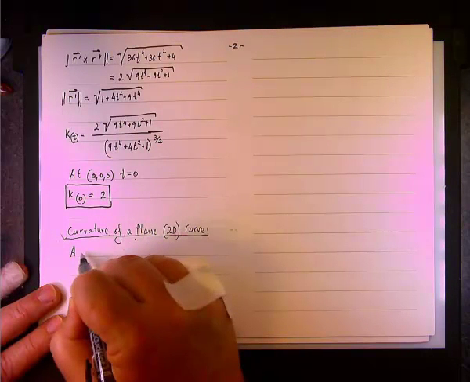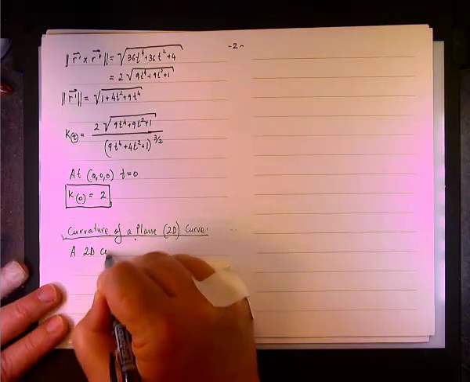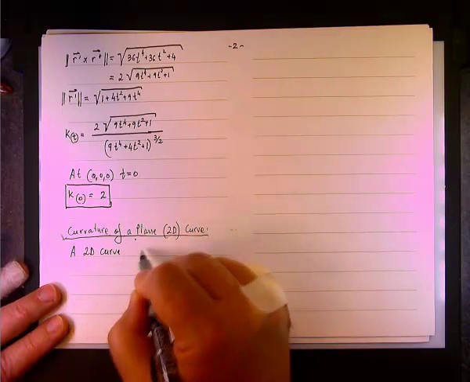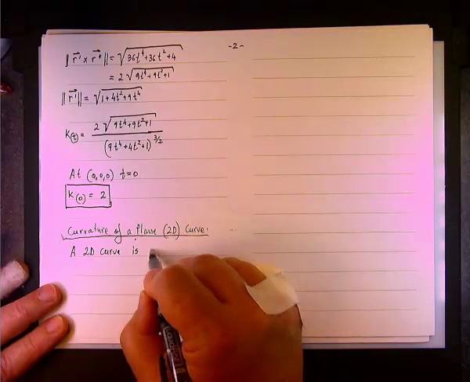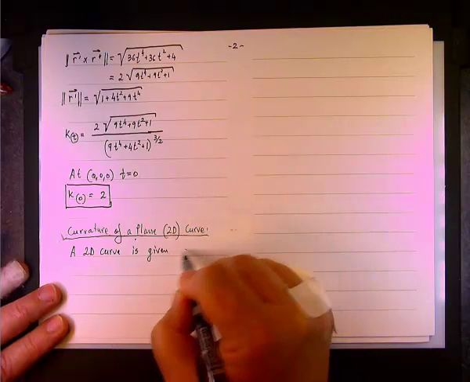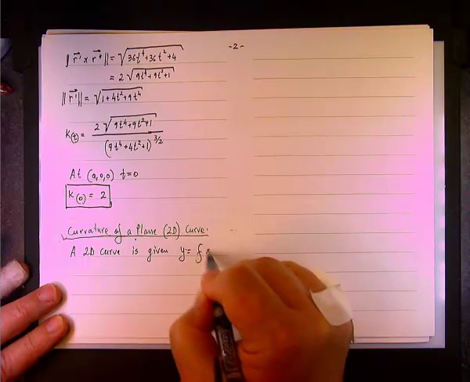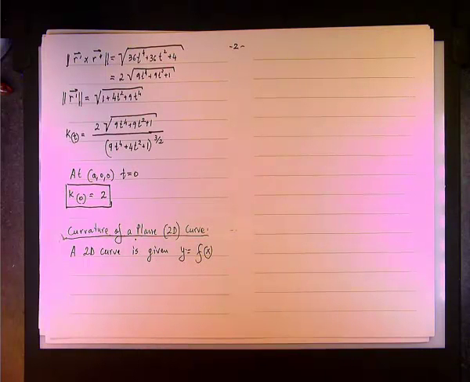Well, a two-dimensional curve, a 2D curve, is given by y equals f of x.